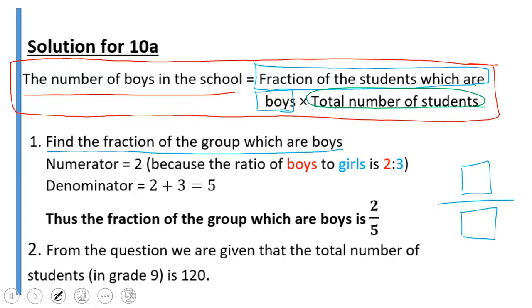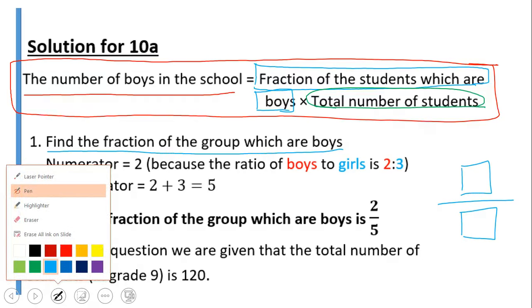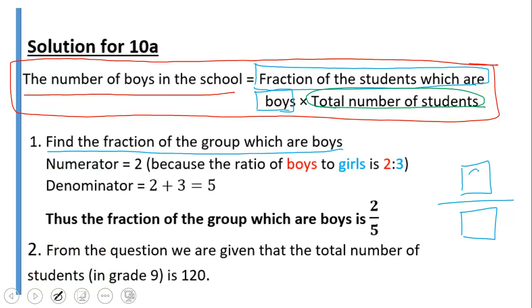Now the numerator of our fraction is going to be 2. Note that the ratio they gave us was 2 to 3, and it was the ratio of, let's consider our next slide that's blank. Good. So we have boys to girls.